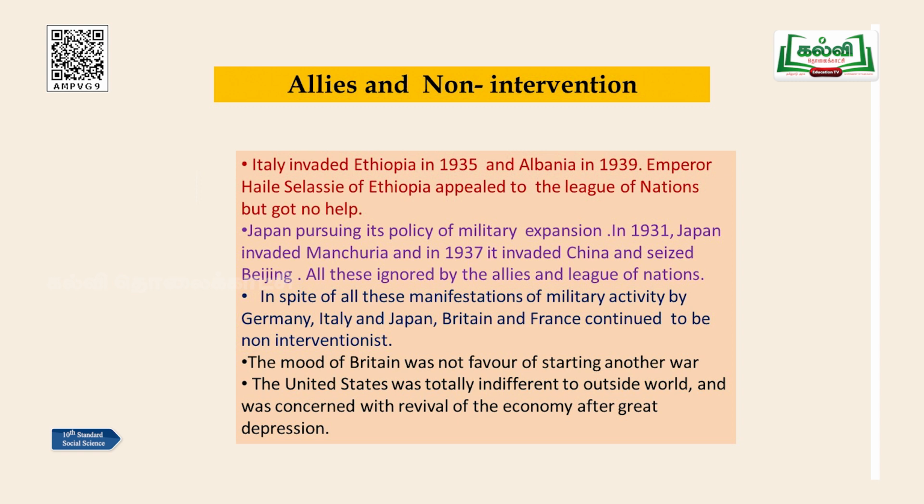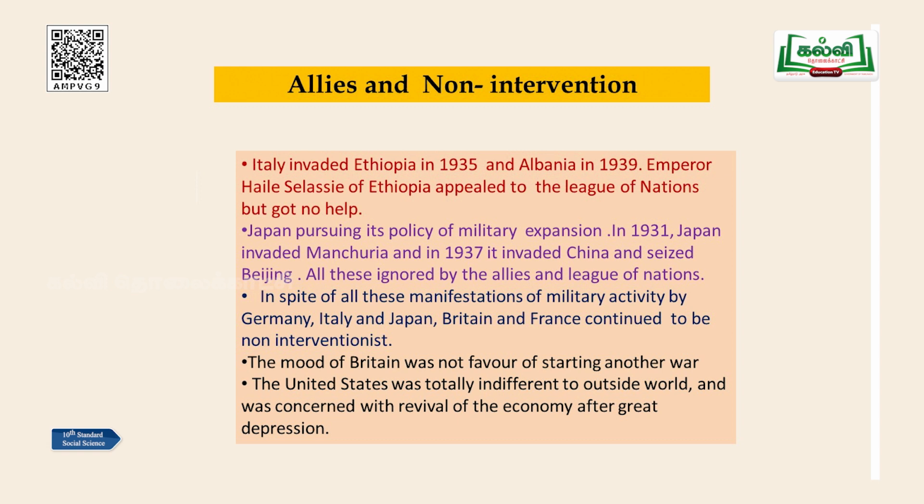At that time, Emperor Haile Selassie of Ethiopia approached the League of Nations, claiming his right. At the same time, Japan invaded Manchuria. And all these were ignored by the League of Nations.